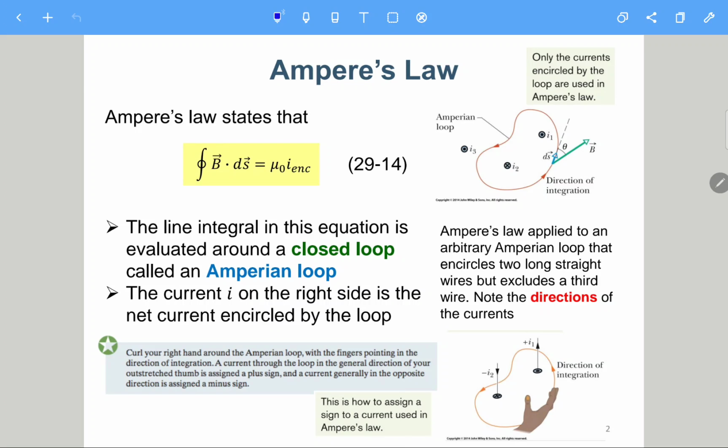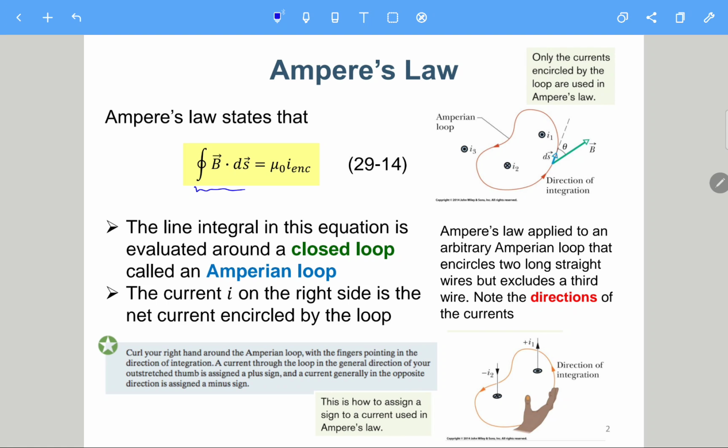So next, this is the most important part in this chapter, which is called Ampere's law, and of course it is one of the four Maxwell equations. Here we need to know another concept, which is called the line integral. Closed line integral.